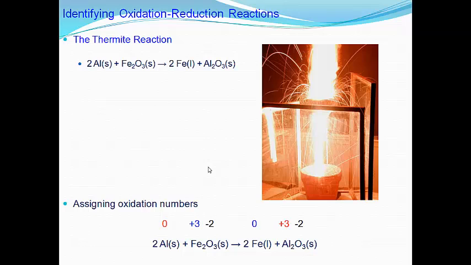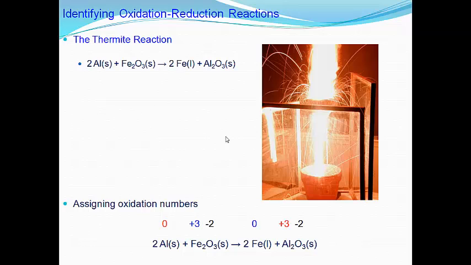So let us then move on to identifying oxidation reductions. Here we have an example of what we describe as a Thermite reaction. Now, I had a video, but unfortunately it's not available. But this video, which shows a demonstration of the Thermite reaction, is found in the folder on videos for chemical reactions on My Learning.